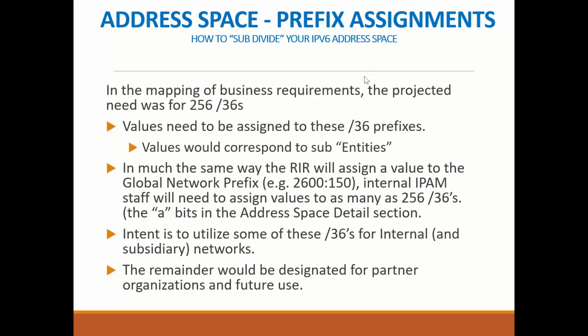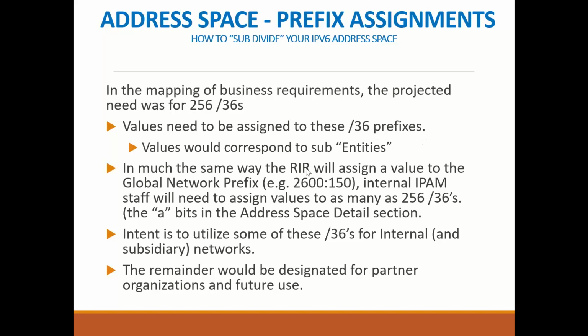So we, the internal staff, the IPAM staff, the IP address management staff, now need to do that at a lower level for the /36s. We need to assign some meaning or some values to the A bits. Again, back to that messy slide that we had a couple slides ago. And the intent is to use these /36s for internal use.